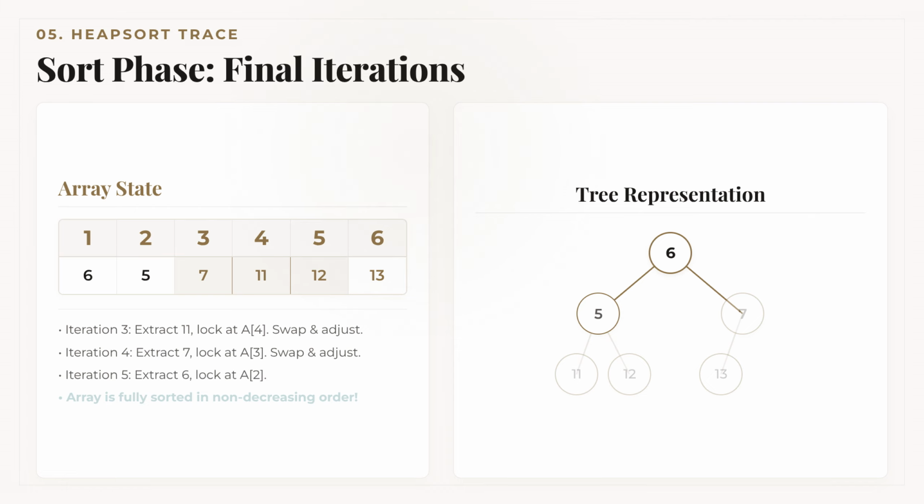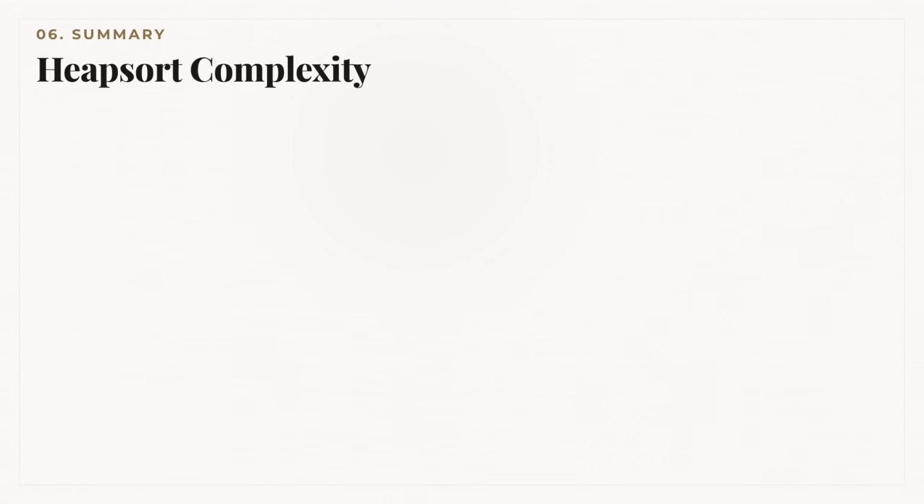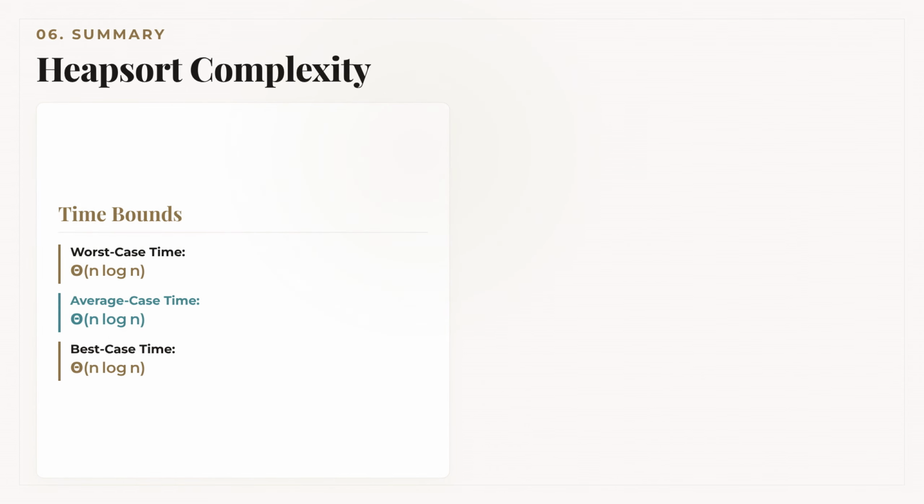In the fourth iteration, we swap 7 with 5, giving 5, 6, 7, 11, 12, and 13. We adjust the root 5 by swapping it with 6, resulting in 6, 5, 7, 11, 12, and 13.